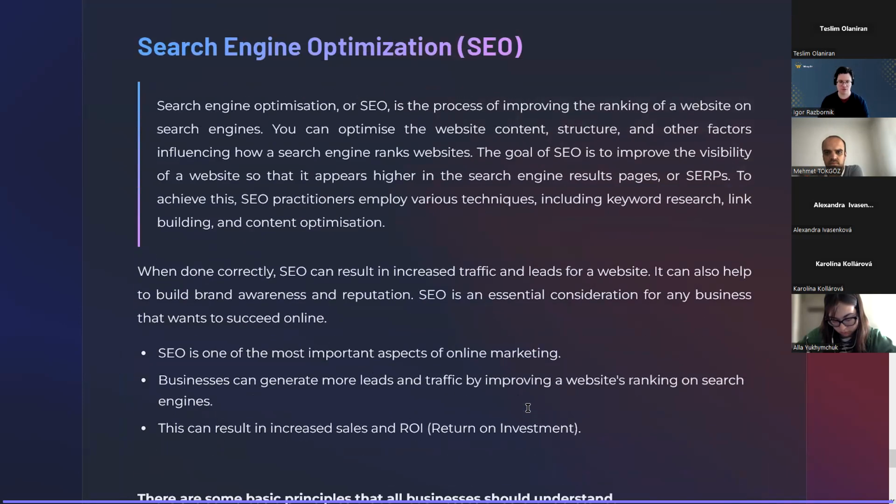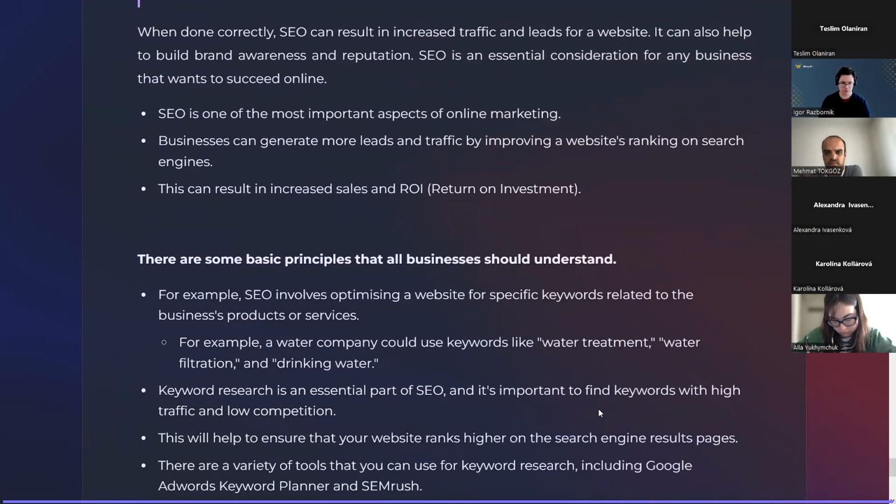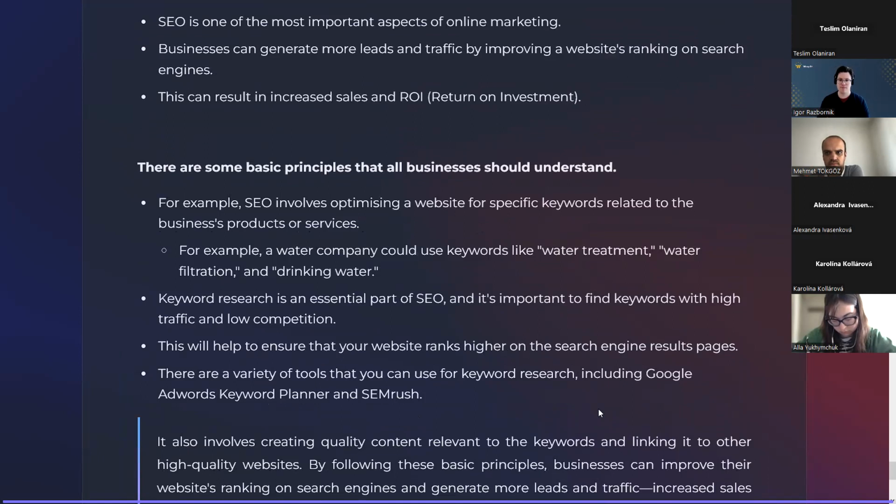So we discussed already search engine optimization, and we talked about return on investment. But let me give you some basic principles. When you optimize a website for keywords, you want to say things like water treatment, water filtration, or drinking water if you're a company that sells water.